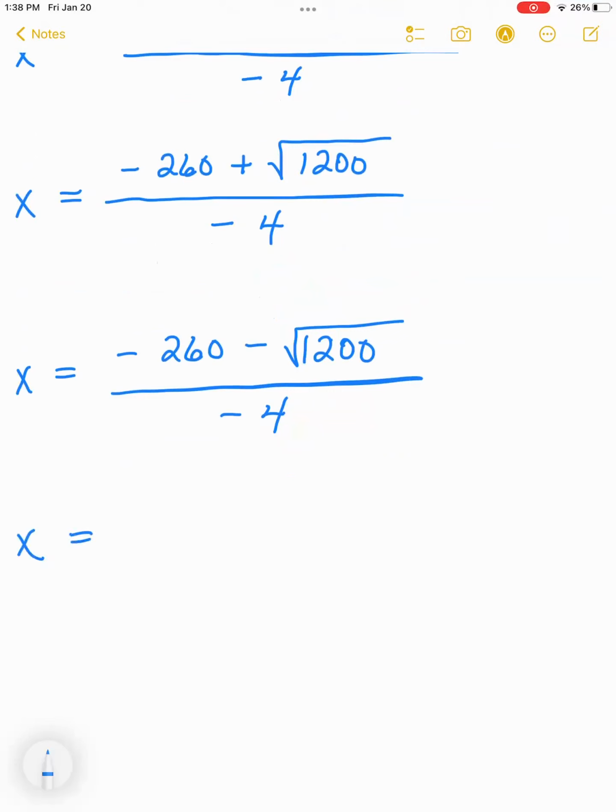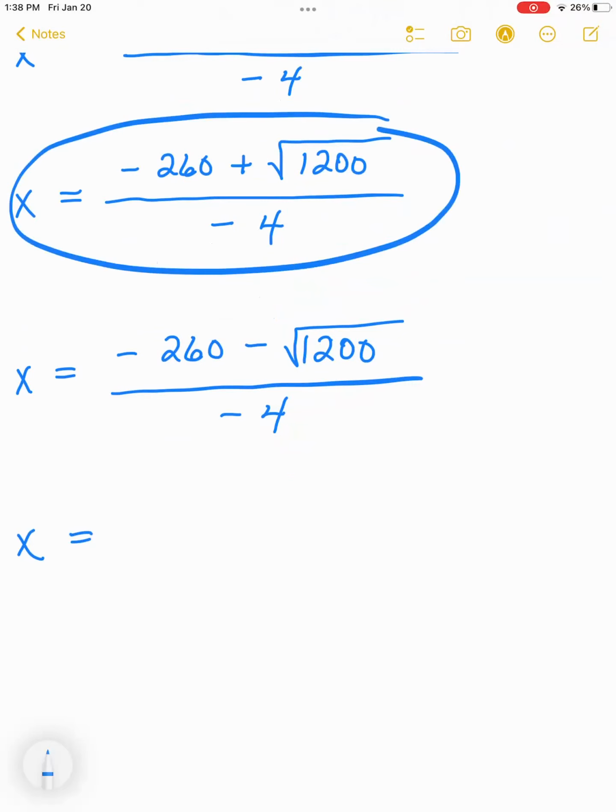Let me go back to this first solution here. Let me work through that with my calculator. -260, I'm just typing this right in, plus the square root of 1,200 equals, and then divide by -4. That first solution looks like it's 56.34, rounded off to 2 decimal places.